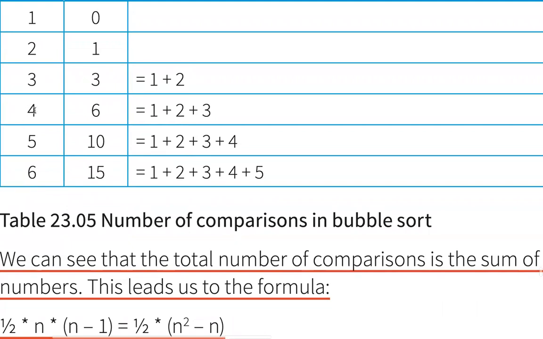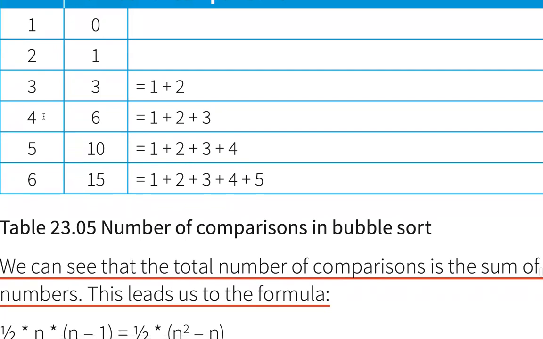On the other hand, if I have 4, in the first pass, I will do 3 comparisons. That is 1 with 2, 2 with 3, and 3 with 4. Assuming that the 4th element has reached its destined position, in the next pass, I will do only 2 comparisons with 3 elements, 1 with 2, 2 with 3. And in the final pass, with 2 elements, I'll be only required to do 1 comparison. So this is what happens when I have a size of n, 4.